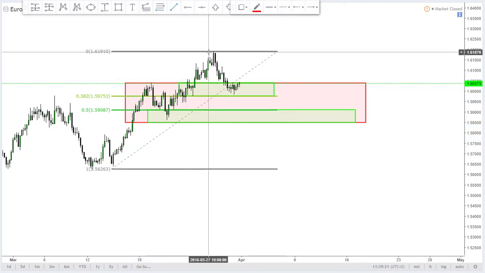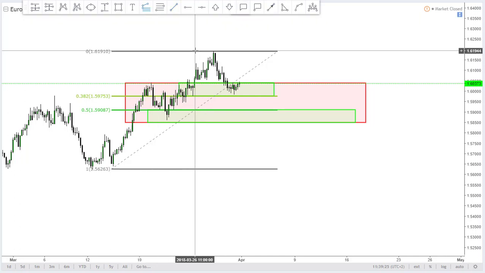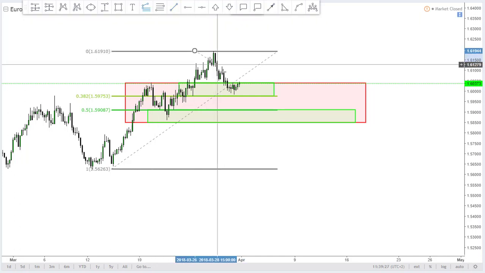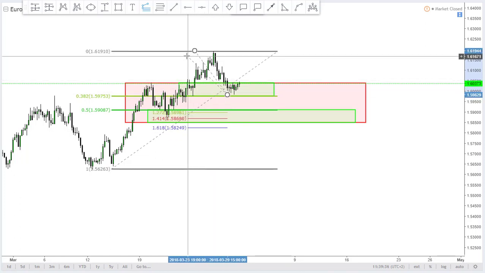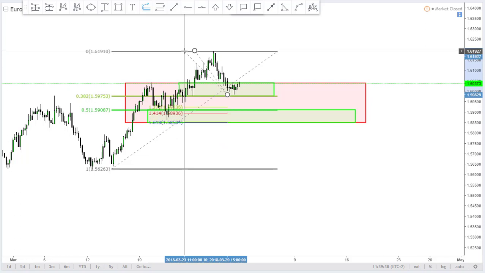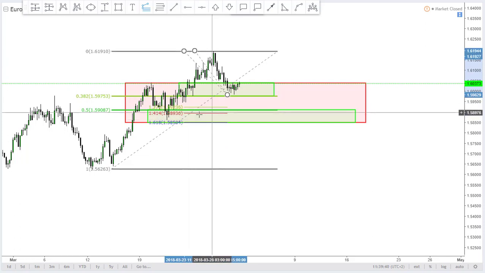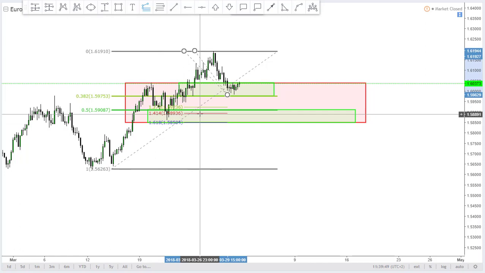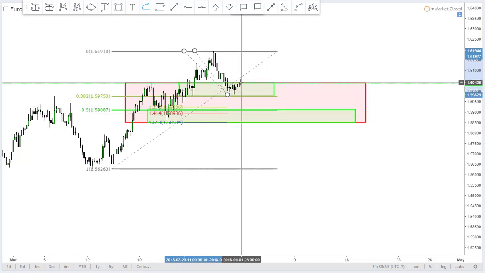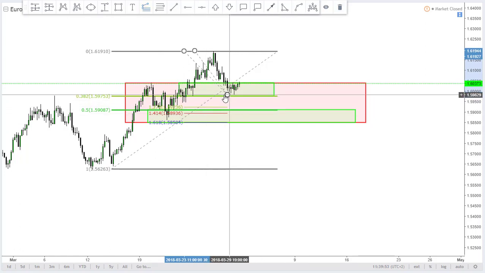I'm going to have a Fibonacci extension from this swing high back to this swing low right here and back up to this swing high. You see we have a Fibonacci confluence of a 50% retracement with a 1414 extension right over there.